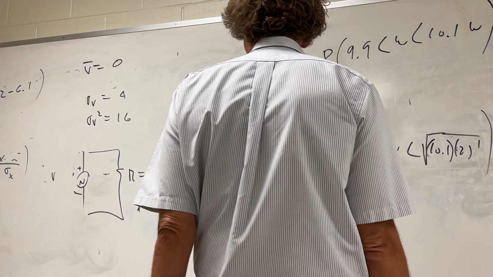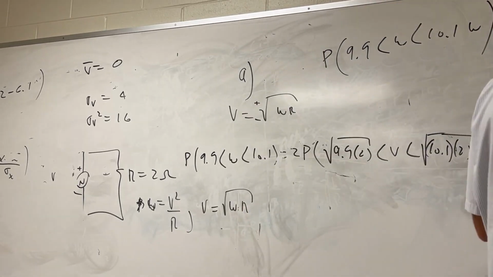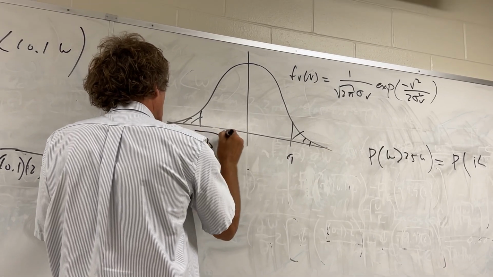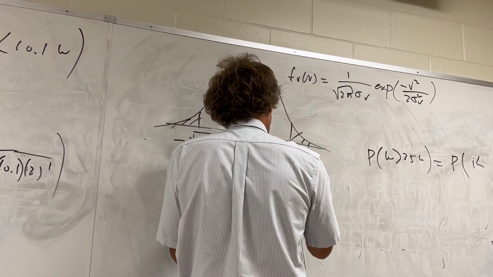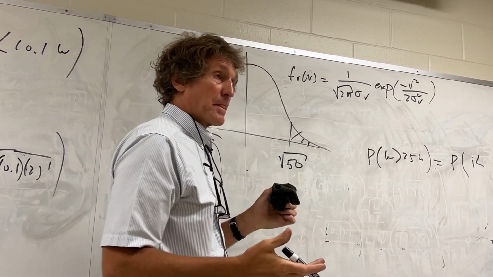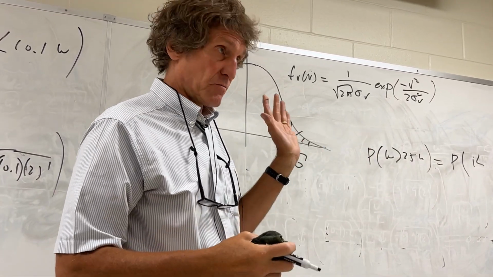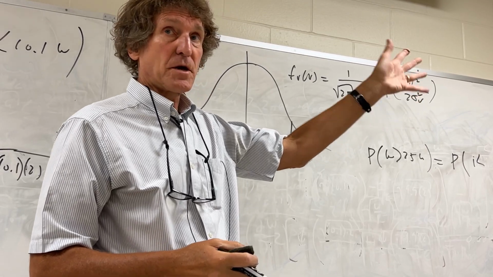Omega is 25 times R is 2 square root. So this would be minus the square root of 50. This would be plus the square root of 50, right? So you can use a Q function for this. Q is just the probability it's greater than that. Or you can use characteristic.